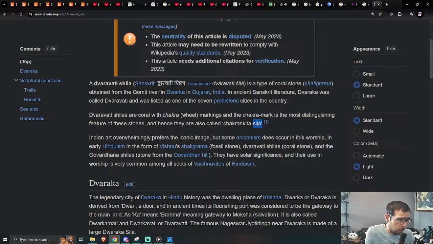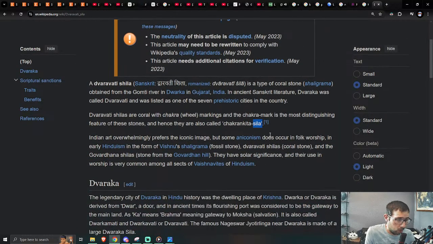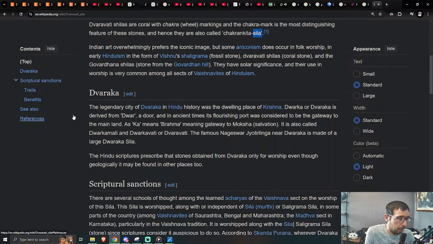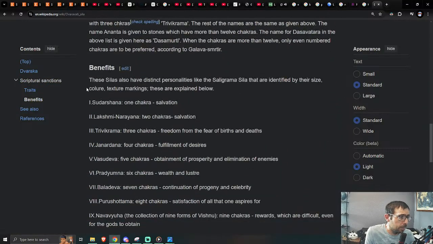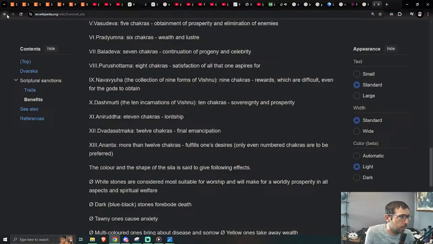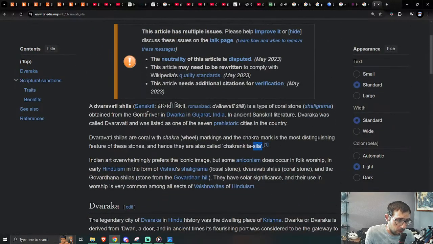Indian art overwhelmingly prefers the iconic image, but some aniconism does occur in folk worship. Okay. But found in the Gomti River.